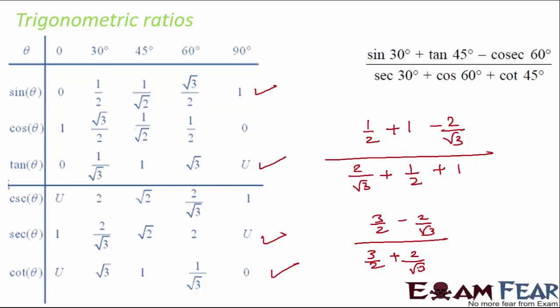So now we will apply the technique of componendo and dividendo, because if you look at the format, it's like a minus b divided by a plus b. If we assume this entire thing is a, and this entire thing is b, we will do a plus b divided by a minus b. So basically numerator plus denominator divided by numerator minus denominator.